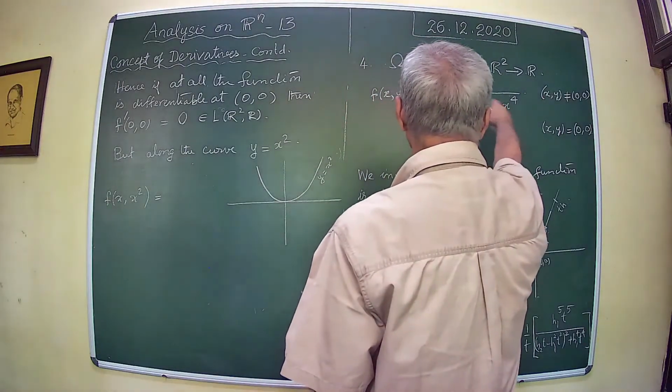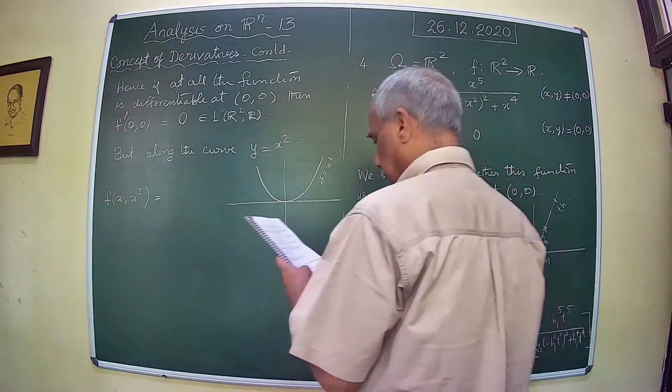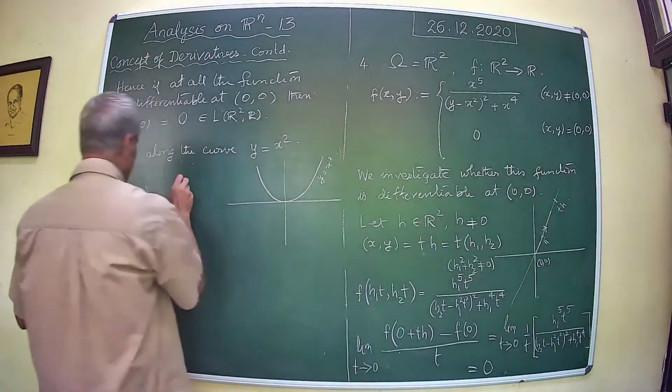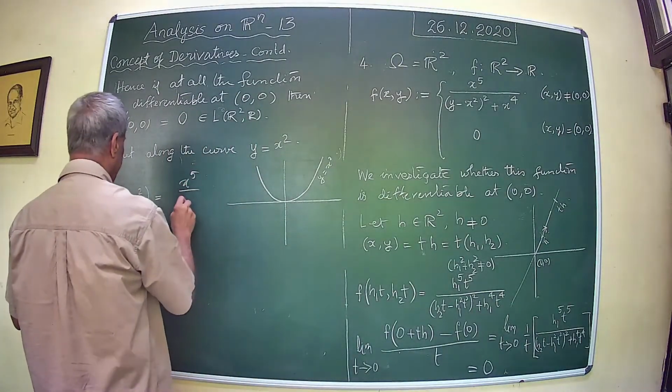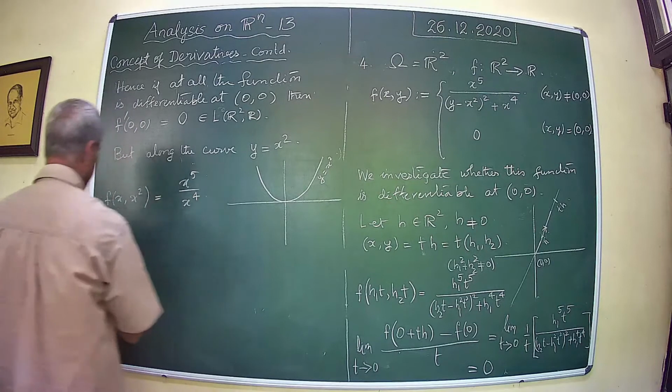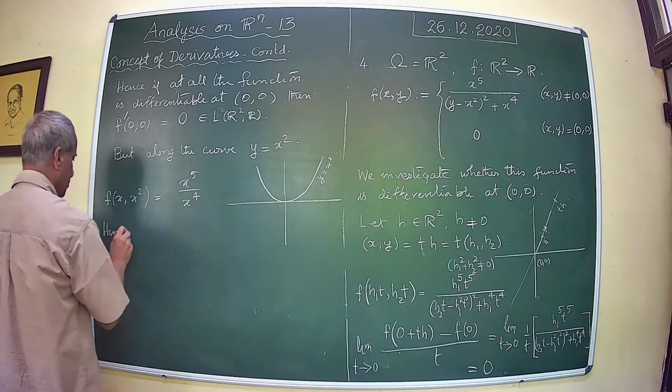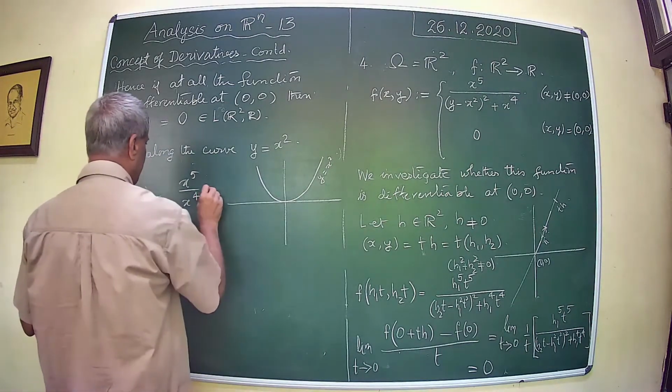So this term becomes x to the power 5 divided by x to the power 4. So this is equal to x to the power 5 divided by x to the power 4, hence, and this is equal to x.